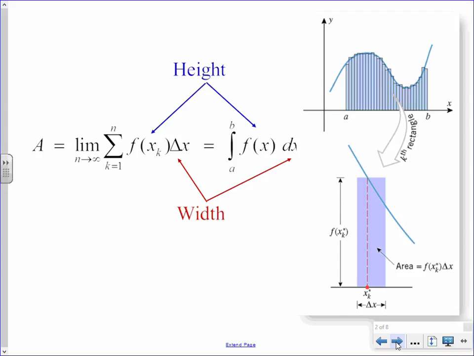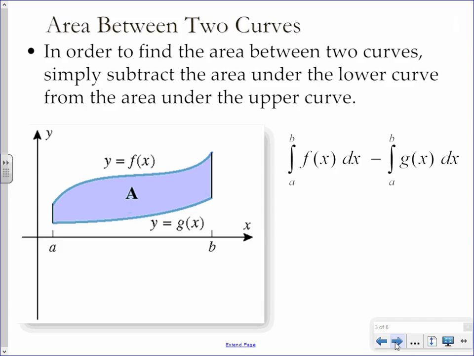We can take the area from here to here. It would go all the way to the x-axis, right? So then we'd have to subtract the area underneath that bottom curve to give us the area in between. That's exactly what we are going to do.